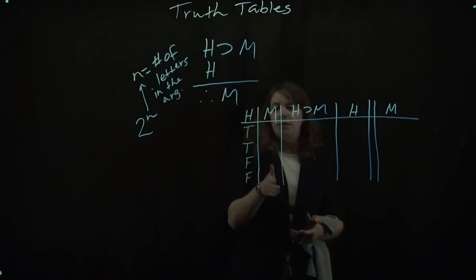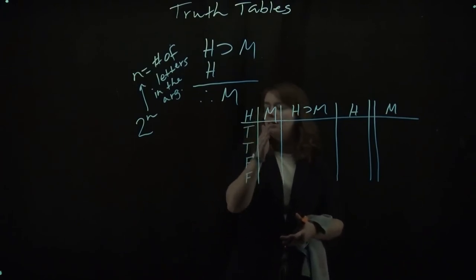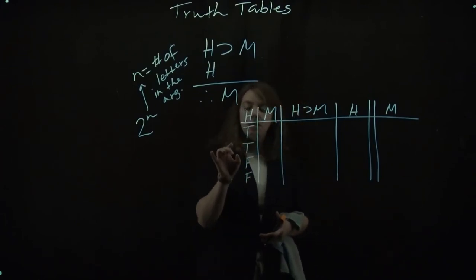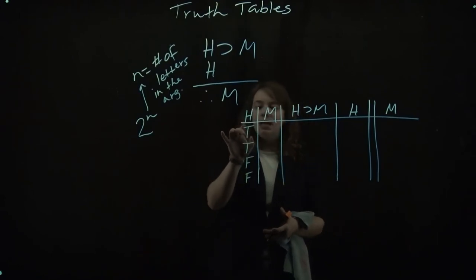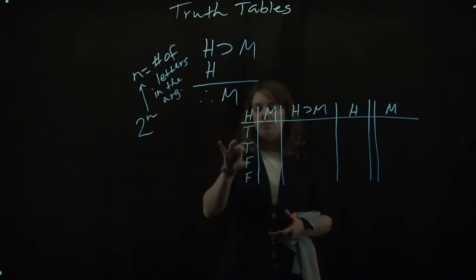In order to determine the configuration of truth values for the second atomic sentence, you need to take the number in each combination of truth values in the first column and divide that by half.